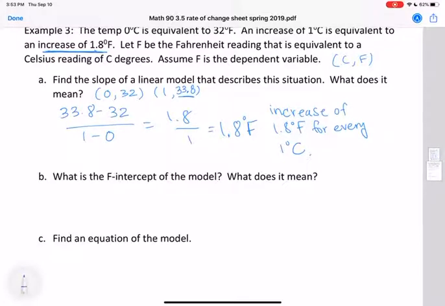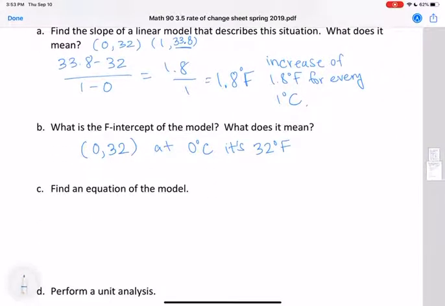So remember, F is like our Y. What is the F-intercept of the model, and what does it mean? So remember that F-intercept is going to be wherever our independent is at 0, right? So it's going to be, they already gave it to us, 0, 32. And what does it mean? It means that at 0 degrees Celsius, it is 32 degrees Fahrenheit.